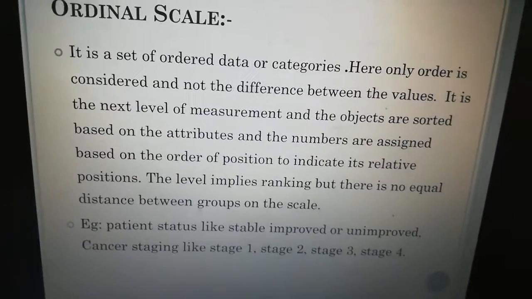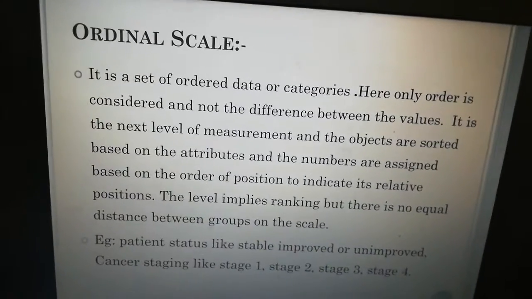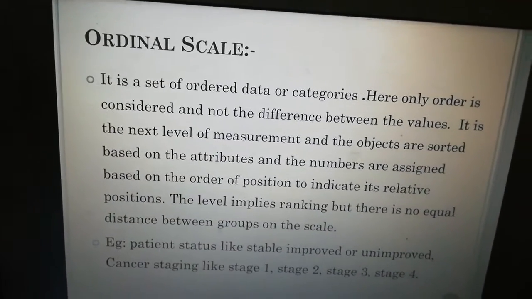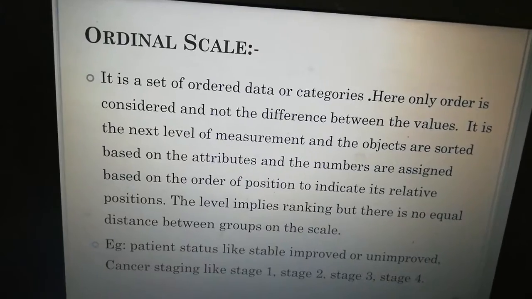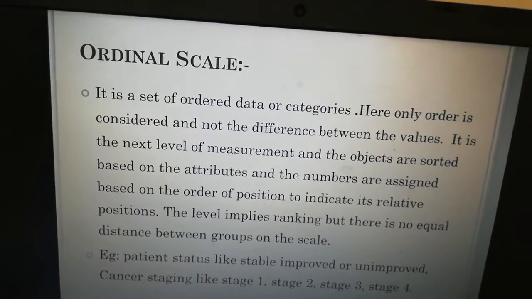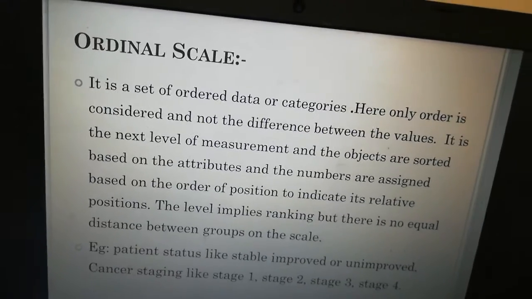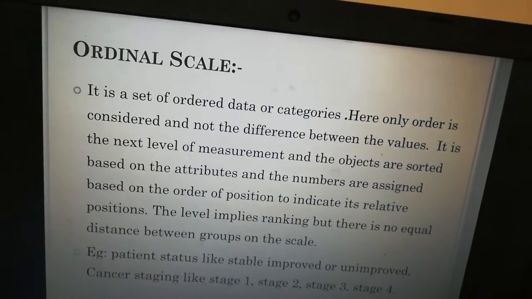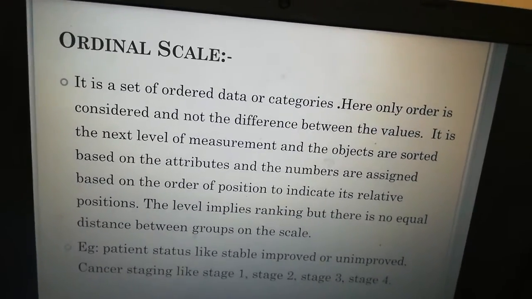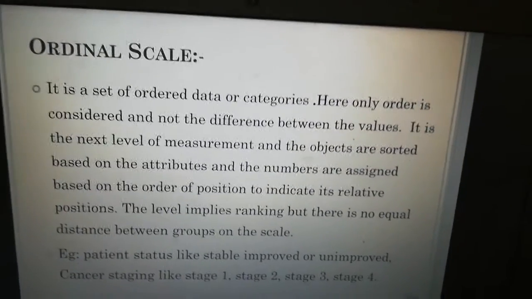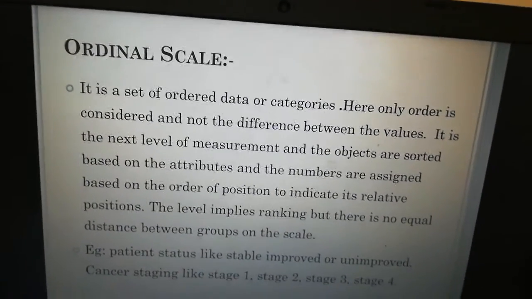Example, the patient status based on improvement, like progress, whether the patient is stable, improved, unimproved. We cannot categorize further, there is no particular scale at all.